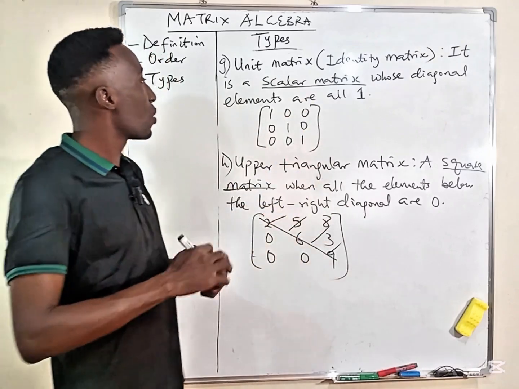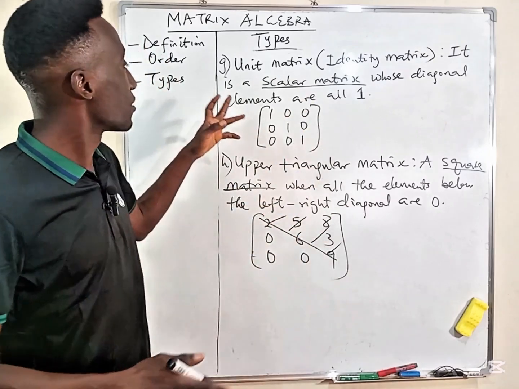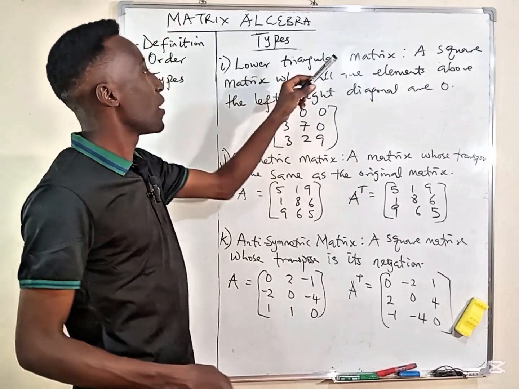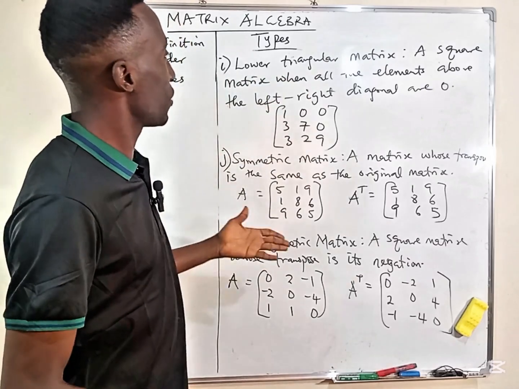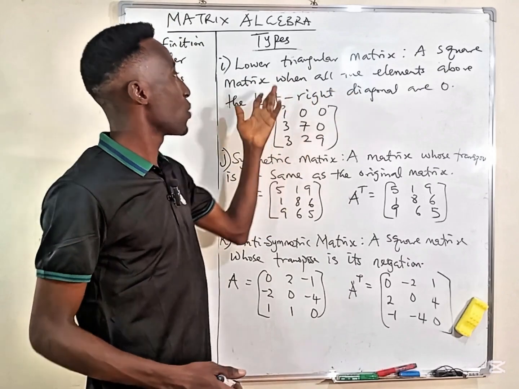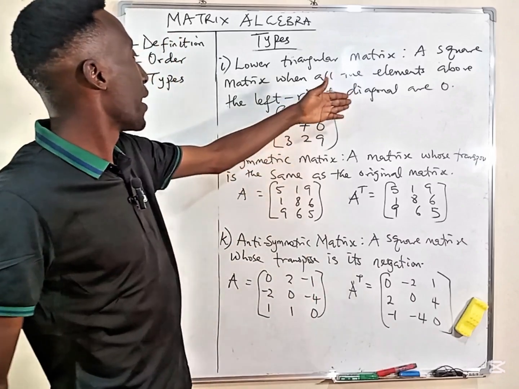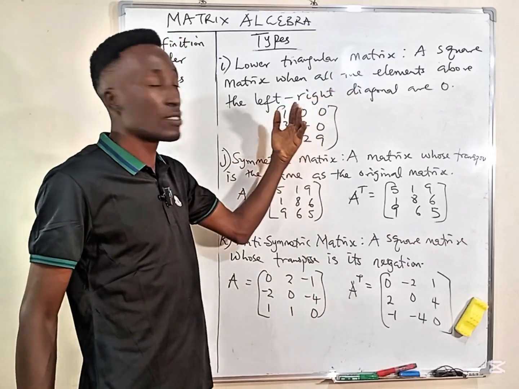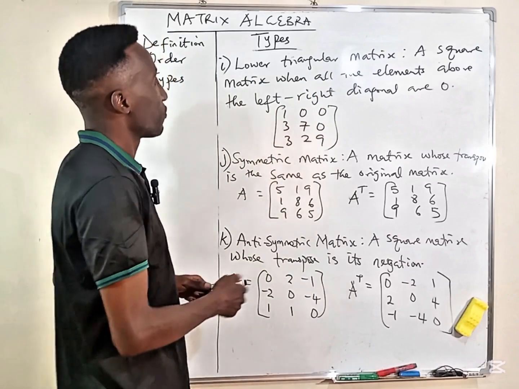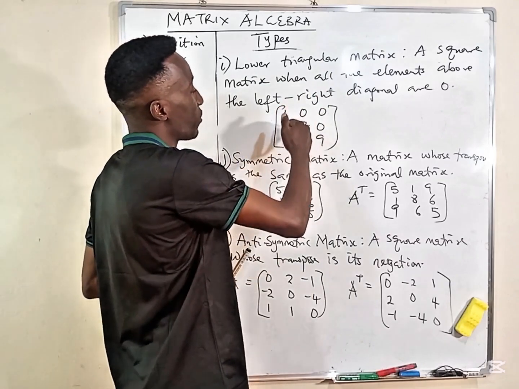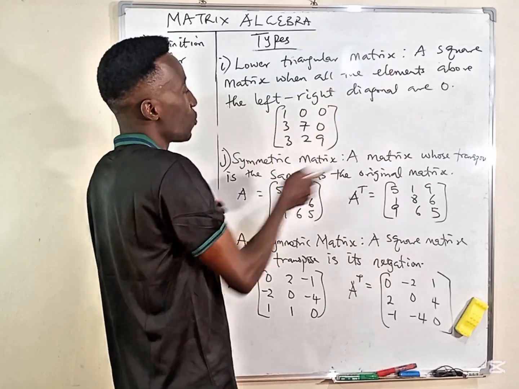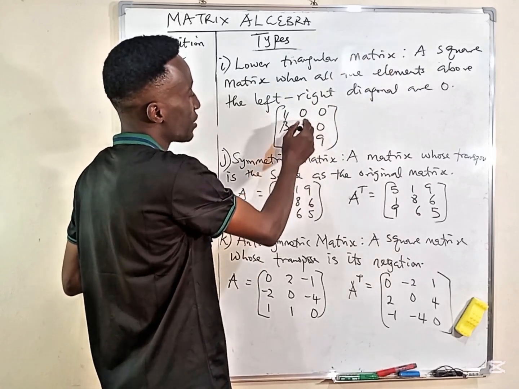And then the next one we have is the lower triangular matrix. The lower triangular matrix is a square matrix also, just like the upper triangular matrix, whose elements above the diagonal are 0. So we have elements like this.